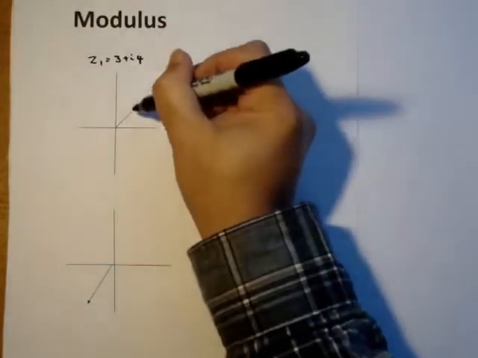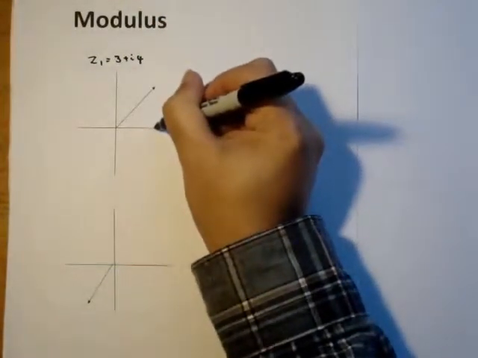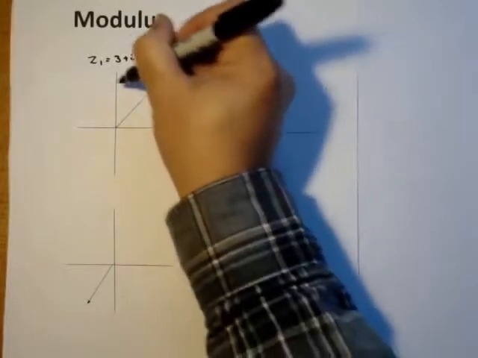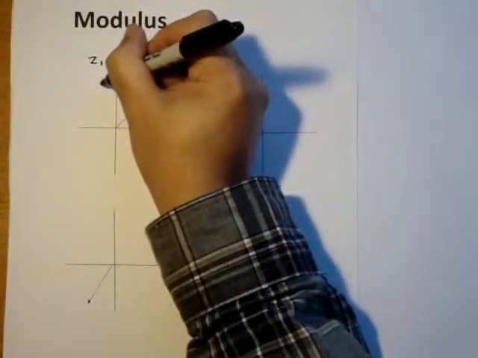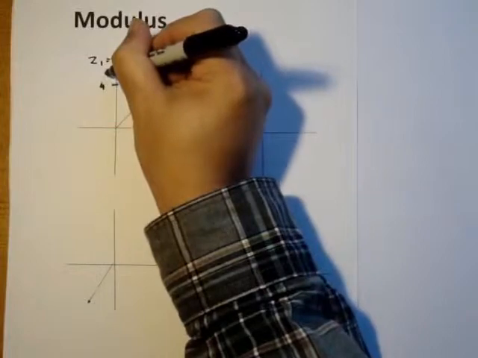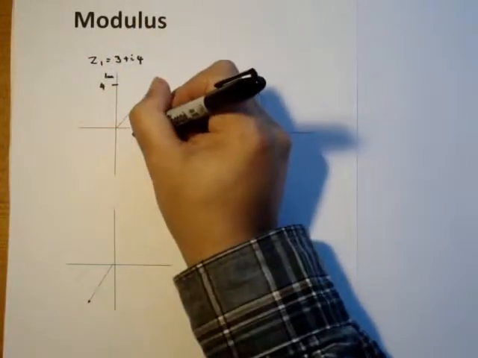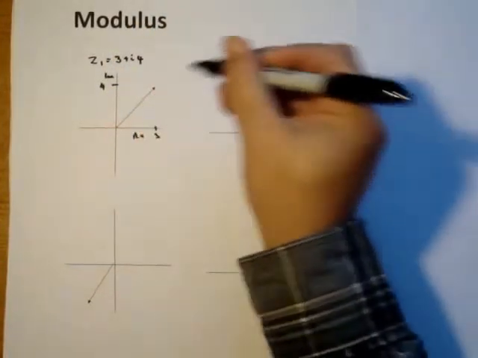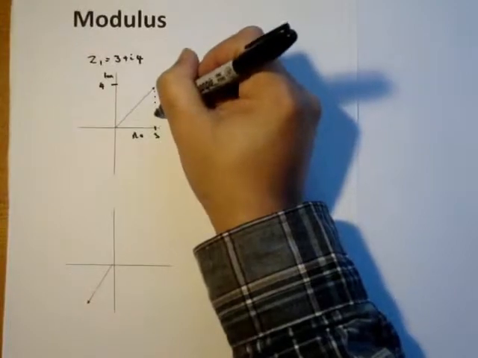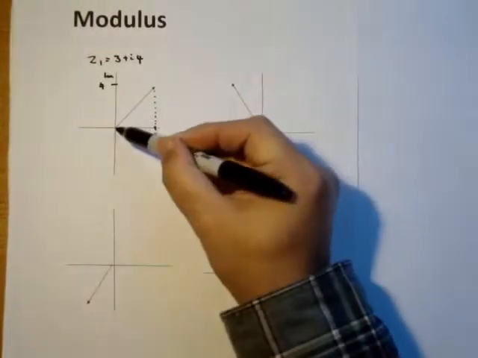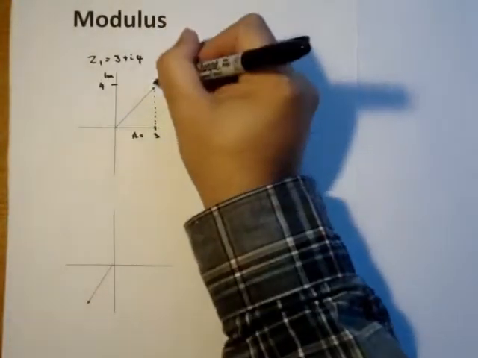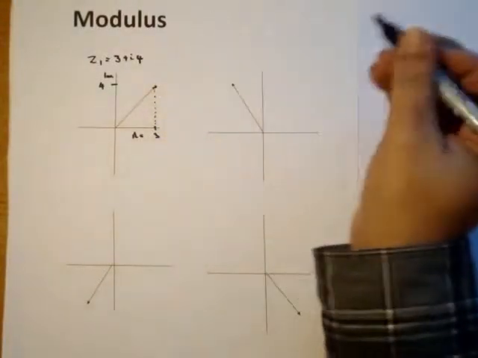So we go 3 along the real axis and 4 along the imaginary axis, and we draw a line from the origin to that point.